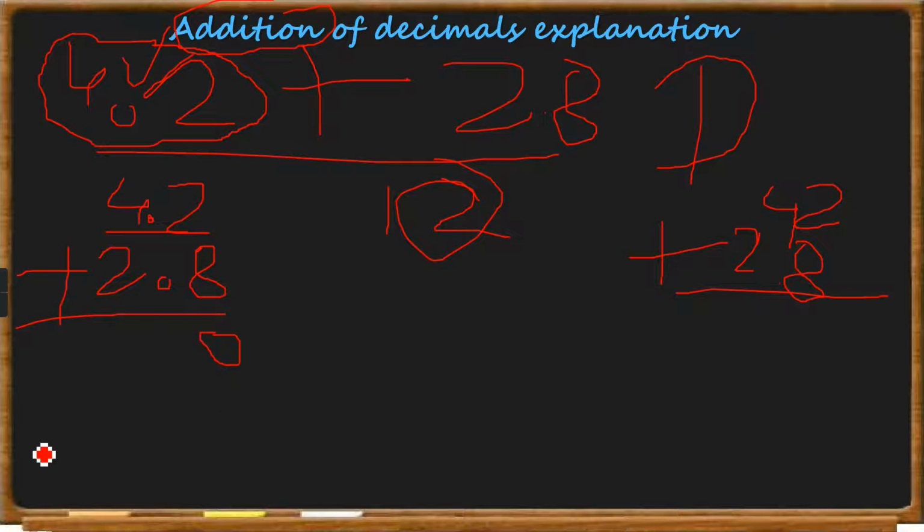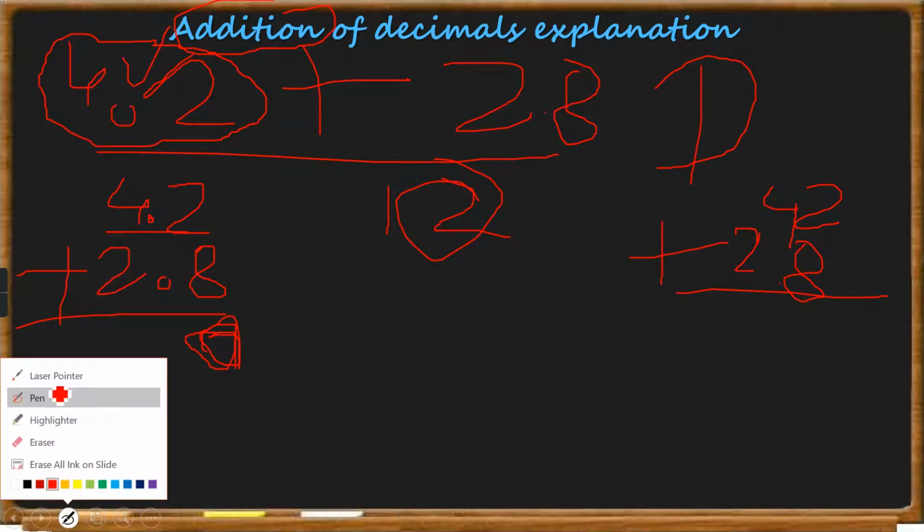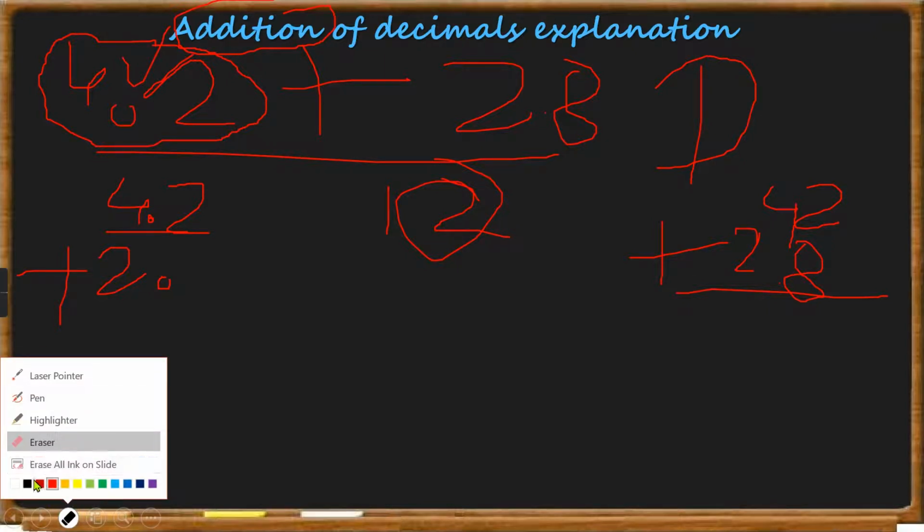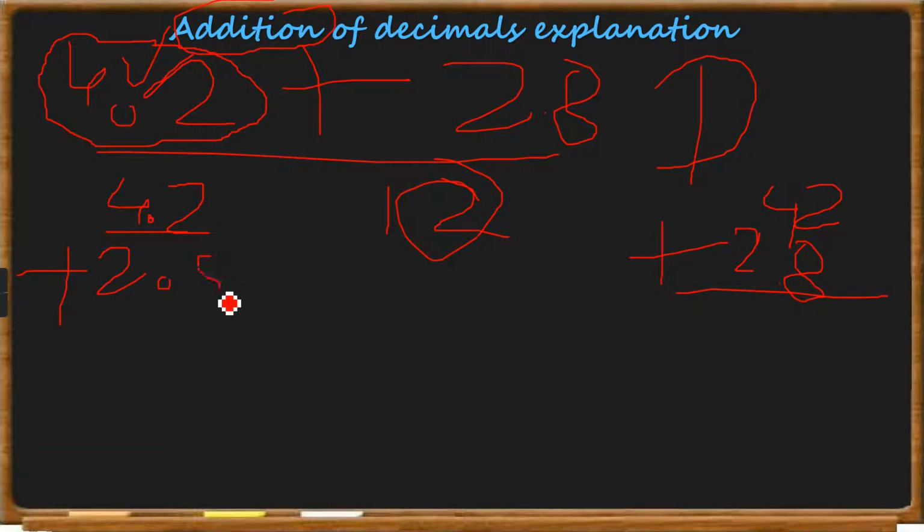It's not that if there is a decimal point in between, you will not write here. Never ever do that. Whether the decimal is coming or not, you can add. Sorry, this is 0, but it's not looking like 0. So you can write 0 and carry 1, but don't forget to put the decimal. In whichever row the decimal is coming, there only the decimal should be placed.